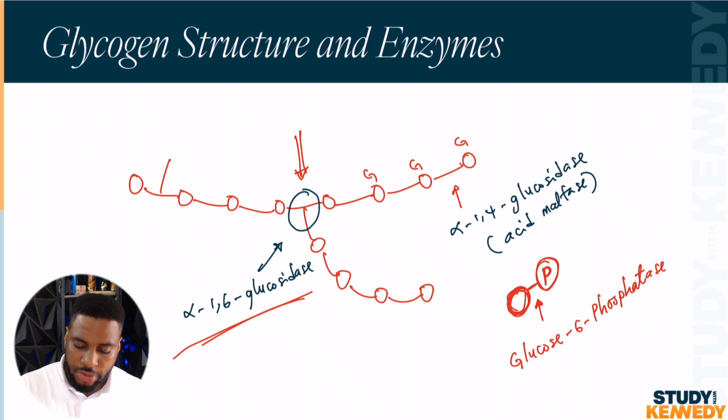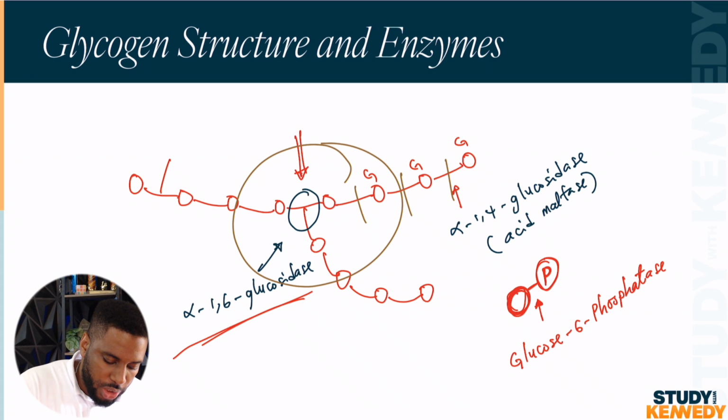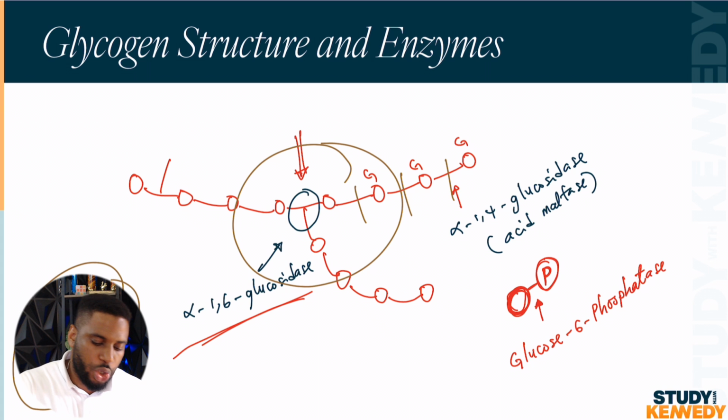You break down glycogen, you remove all these glucose molecules, but you don't remove the branch. You have those remaining glucose molecules around the branch that you don't quite break down. That remnant is called limit dextrin.